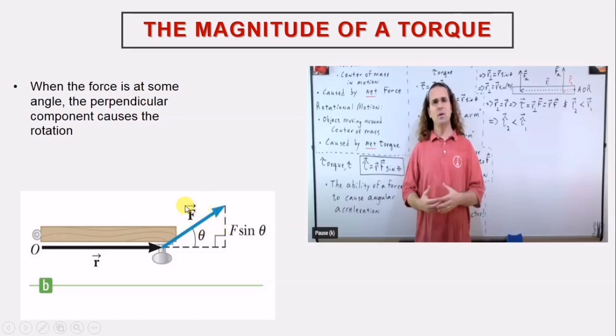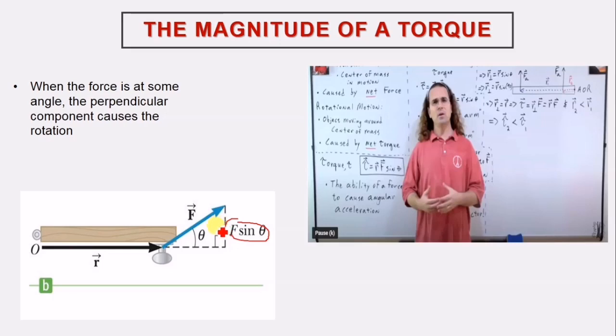Why? Because not all of the force that you are exerting is going to cause a turning effect or a torque. Not all the force is going to rotate the door, only the component which is perpendicular. So only this component is going to do what? To cause the door to rotate.